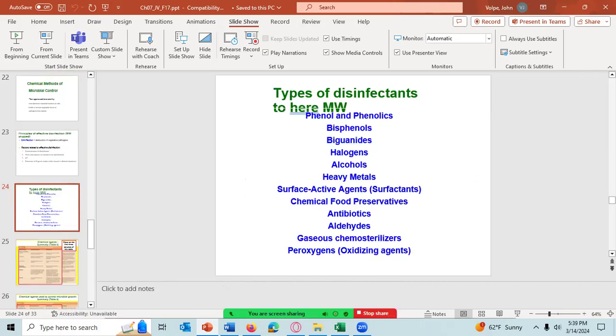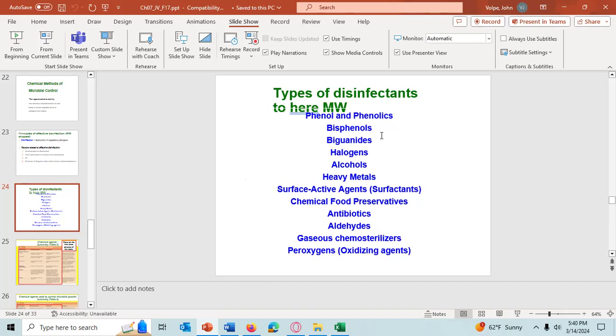All right, there are different types of disinfectants. We're only going to talk a little bit about them. Phenol and phenolics were the first disinfectants that Joseph Lister used when he applied phenol to his patients or to his surgical instruments to get antiseptic surgery.